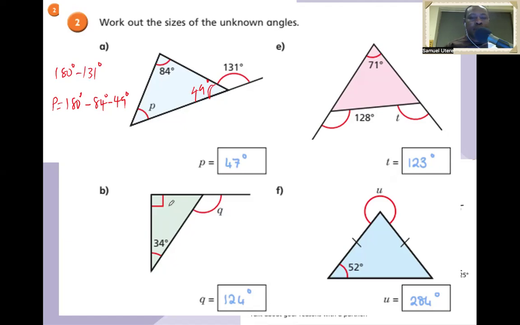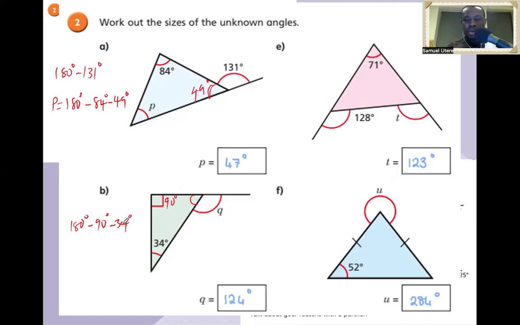Here, we know that this is 90 degrees. But if we can find this angle, then we can find that angle. So step one, we do 180 degrees minus 90 degrees minus 34 degrees.